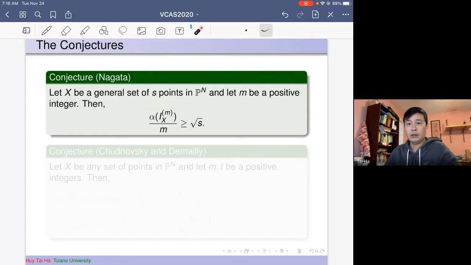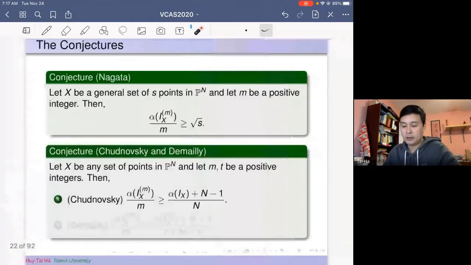Now, when X is not general, of course, one expects that this invariant depends not only on the number of points, but also on the configuration of the points, on X itself. And that is reflected in the conjecture made by Chudnovsky.